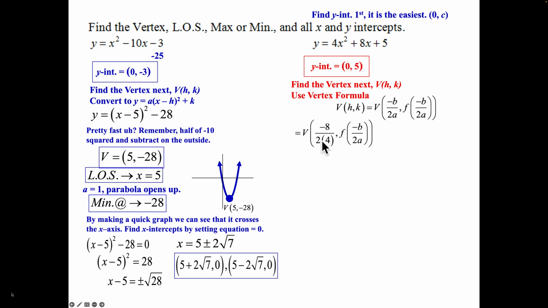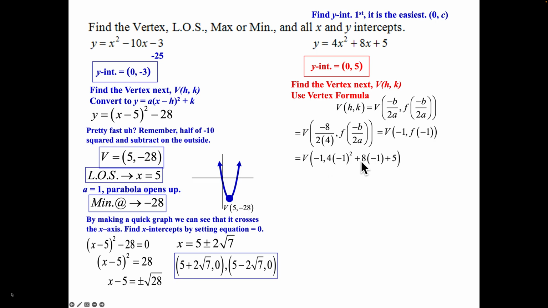That's going to give me a negative 1. And now I need to find f of negative 1. Because my x is negative 1, this one won't be too bad. So I will have (negative 1, 4 times negative 1 squared plus 8 times negative 1 plus 5).